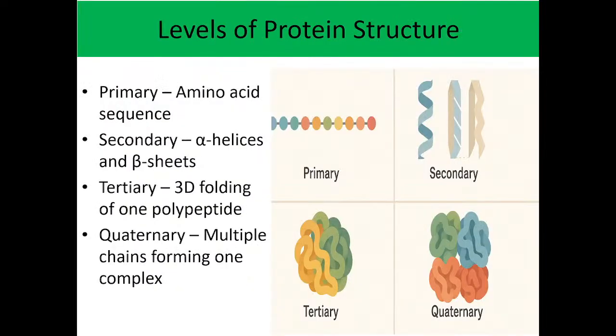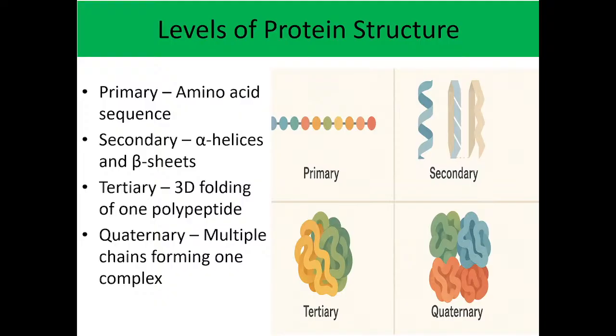What are the levels of protein structures? Basically, there are four levels of protein structures, which are the primary level, that is the sequence of amino acids. So if you go to NCBI and retrieve amino acid sequences, all those are at their primary structure.